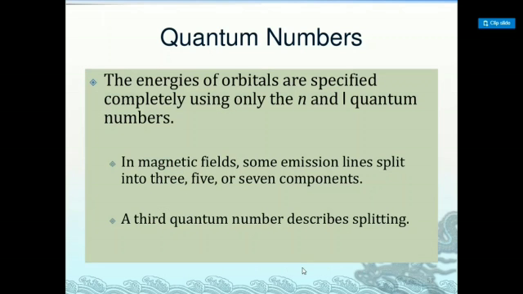Energies of orbitals are specified completely using only the n and l quantum numbers. In a magnetic field, some emission lines split into 3, 5 or 7 components. The third quantum number is described by this. Splitting means orientation of orbitals.